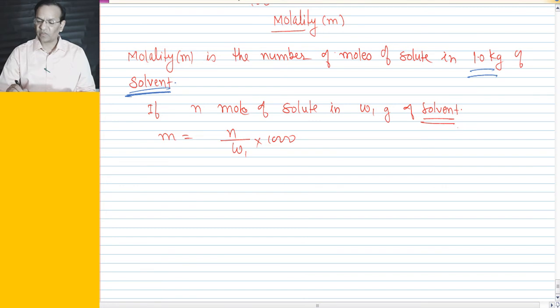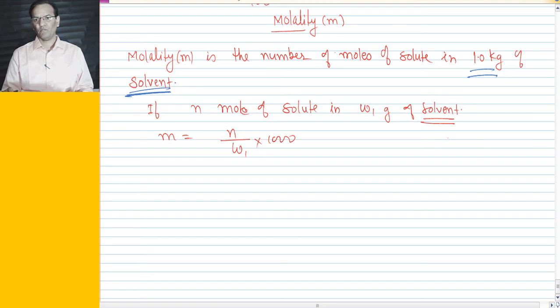And I am emphasizing again and again that it is defined in mass of solvent. So molality is defined in this manner.